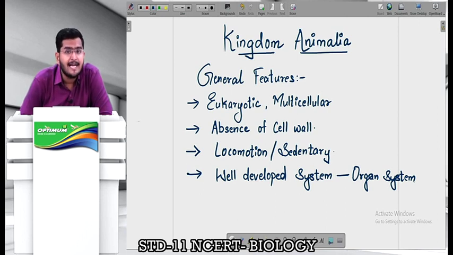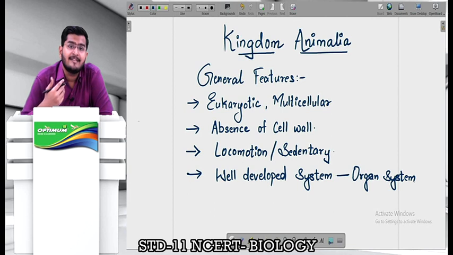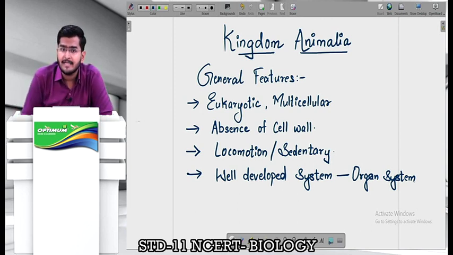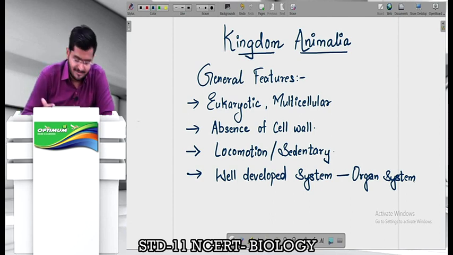So you will see how well developed systems, especially respiratory system, digestive system, excretory system, nervous system, develop across phylums. The lowest of all phylums may not show you some prominent characteristics, but as you move ahead, you will see that these systems are going to become very well developed, and you will see peculiar organs that you have studied in case of humans as well.